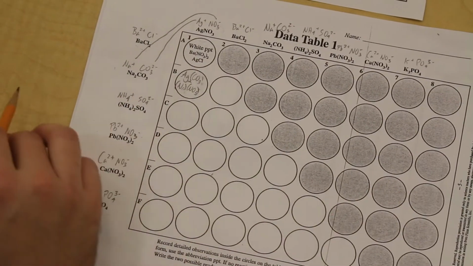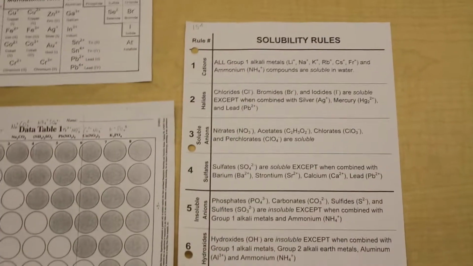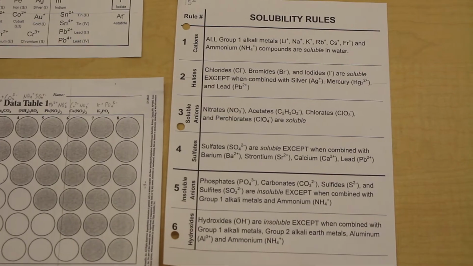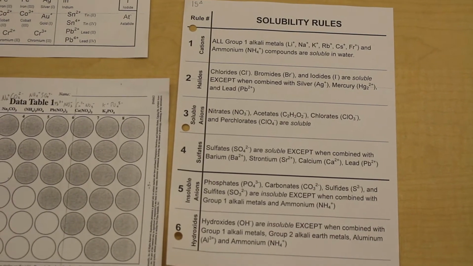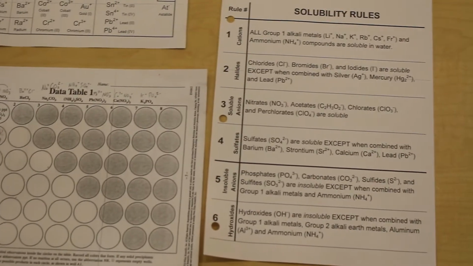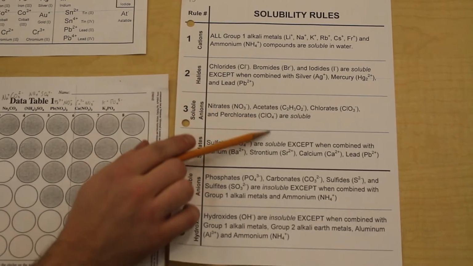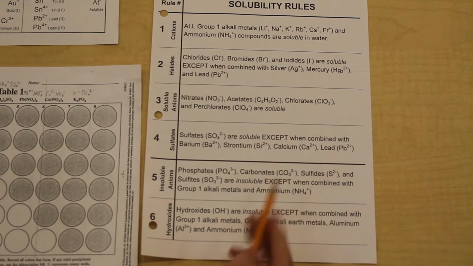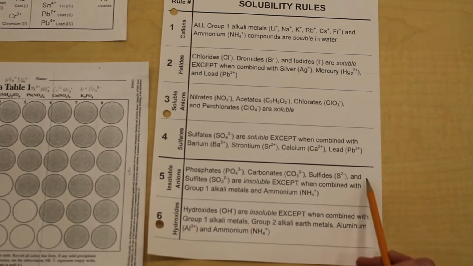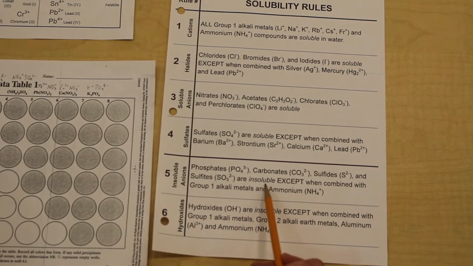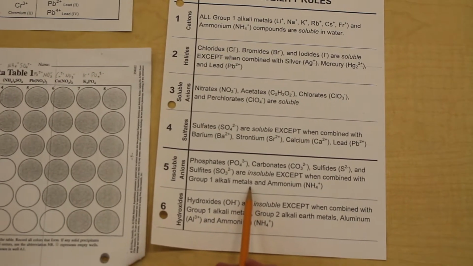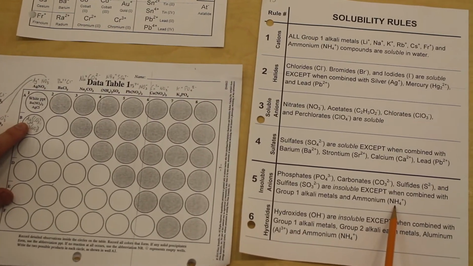The final step is to see if they're solid or liquid. And to do that, we use the solubility rules. You're going to scan through the rules to find something that has to do with your compound and see what it says. AgCO3, when I scan down these rules, the first time I see Ag or CO3 in them is on rule number 5. It says phosphates, carbonates, sulfides, and sulfites are insoluble, except when combined with a group 1 metal, which Ag is not, or NH4.